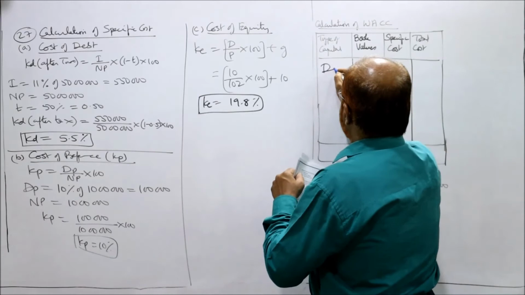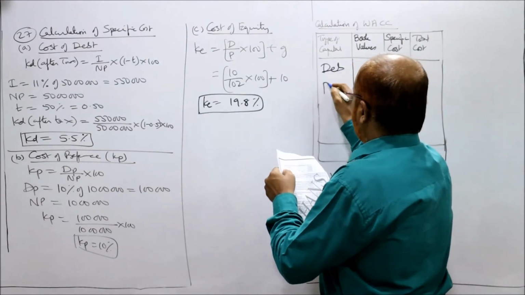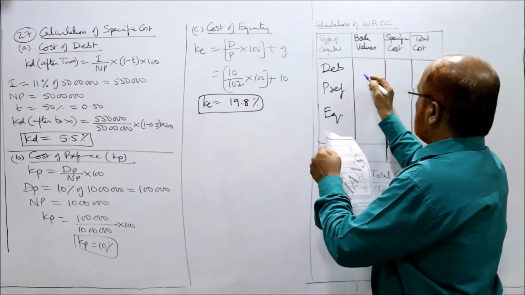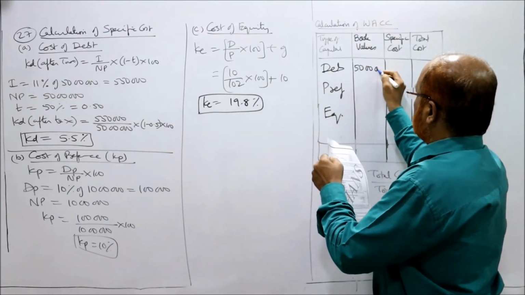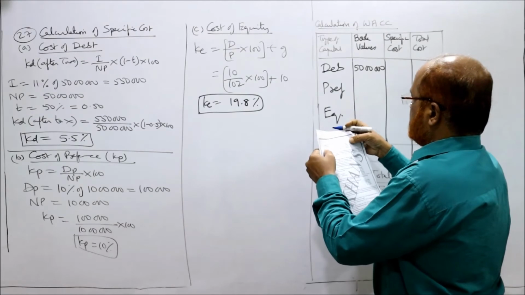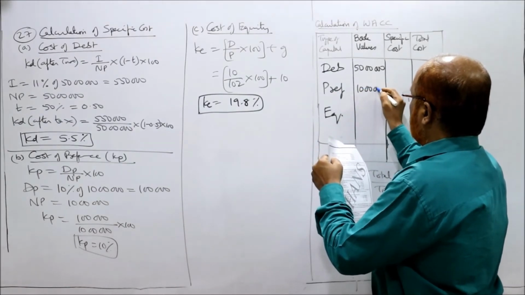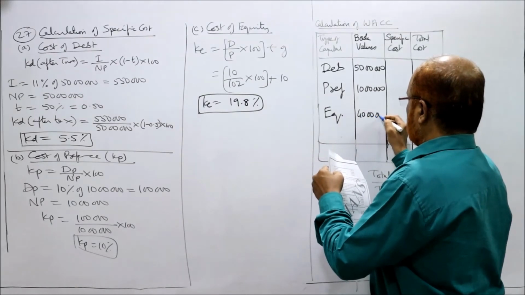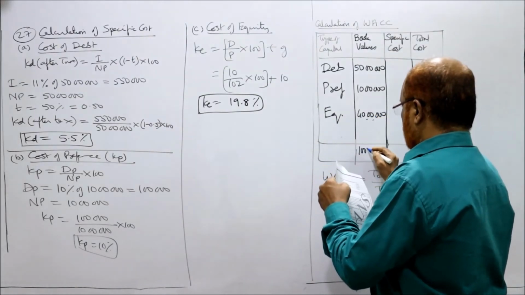So debentures, then preference, then equity. Debentures are 50 lakhs. Preference is 10 lakh. And equity is 40 lakh. Total is 1 crore.